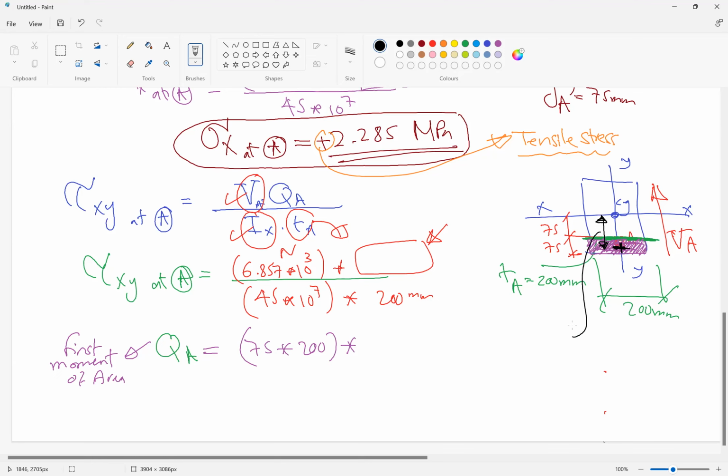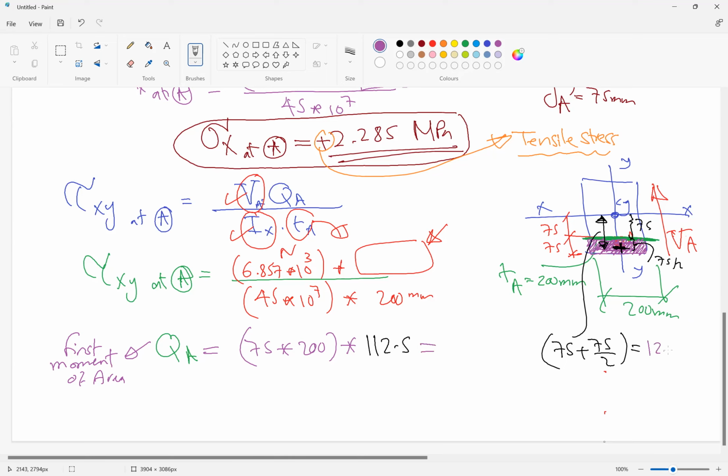So how much is this distance? It will be 75 plus 75 over 2, because this part is only 75 and this part is 75 over 2, so it is 112.5.